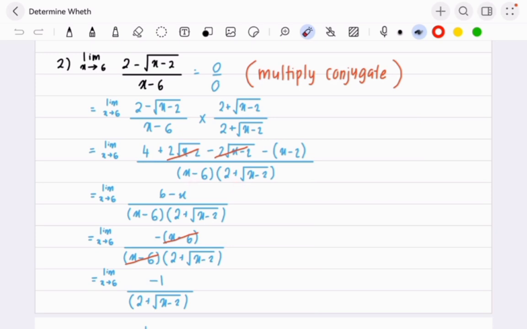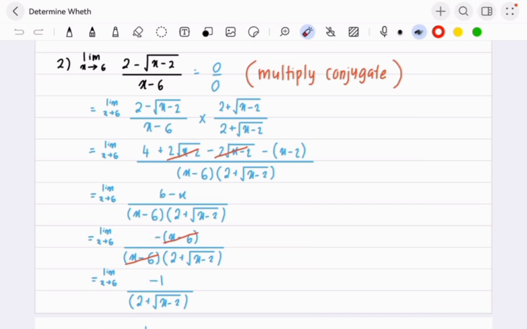So we'll be able to cancel out these two. The answer would be limit x approaching 6 of (6 minus x) over (x minus 6) times (2 plus square root of x minus 2). In this case, you can change 6 minus x into x minus 6 and then put a minus in front.